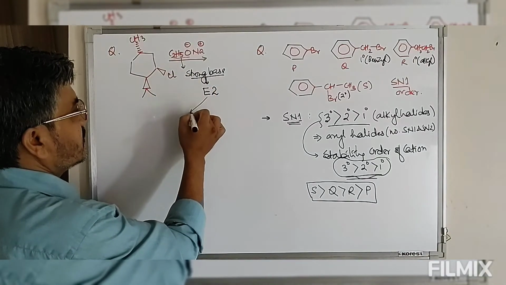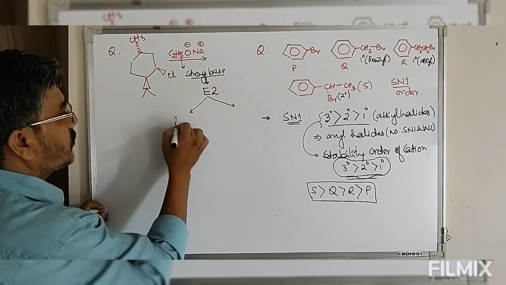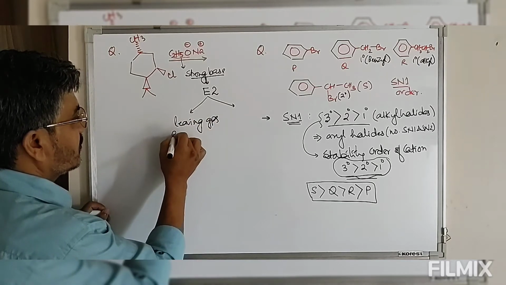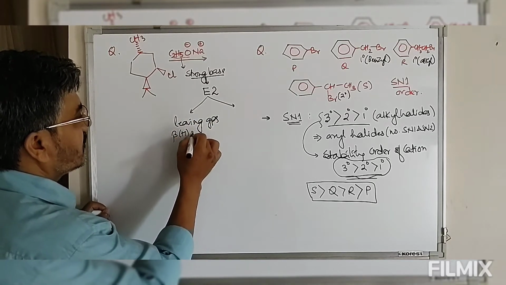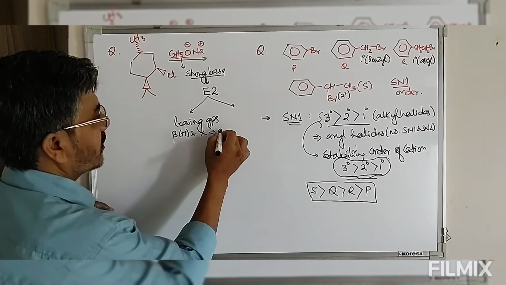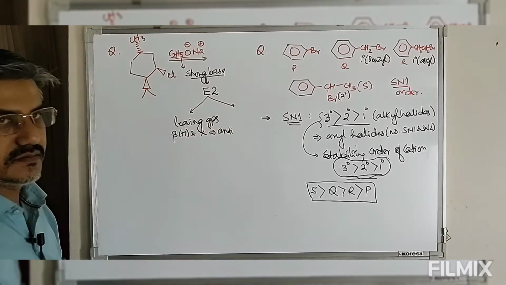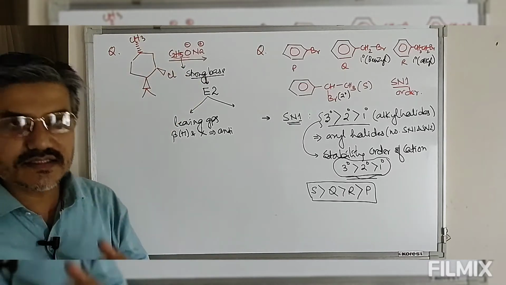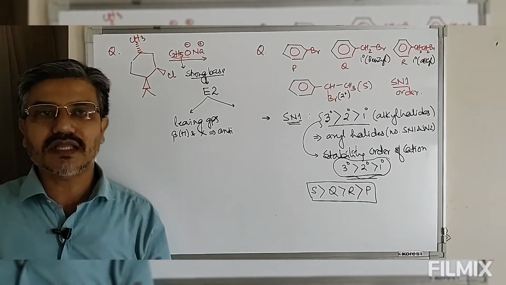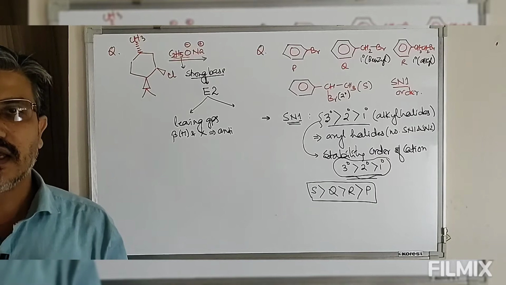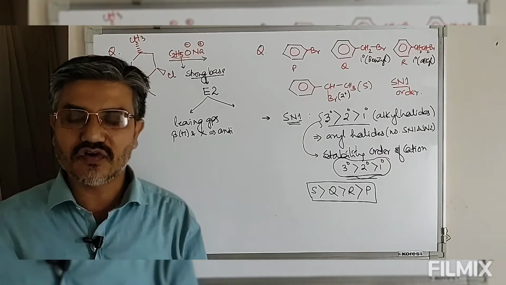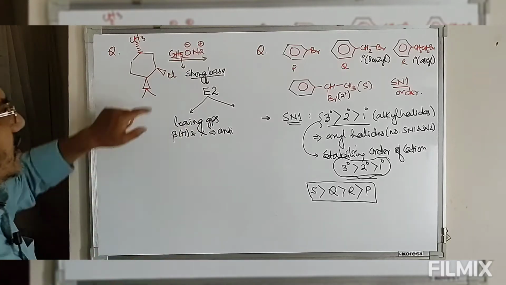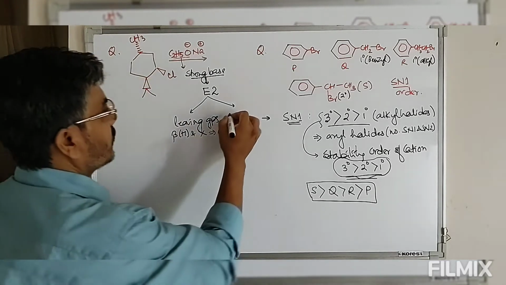So this requires the leaving groups, beta hydrogen and halogen, to be anti. Second, this E2 reaction says if we have more than one beta hydrogen present in the molecule, then elimination has to follow Saytzeff's rule. So again, this is alkyl chloride, so the reaction has to follow Saytzeff's rule.